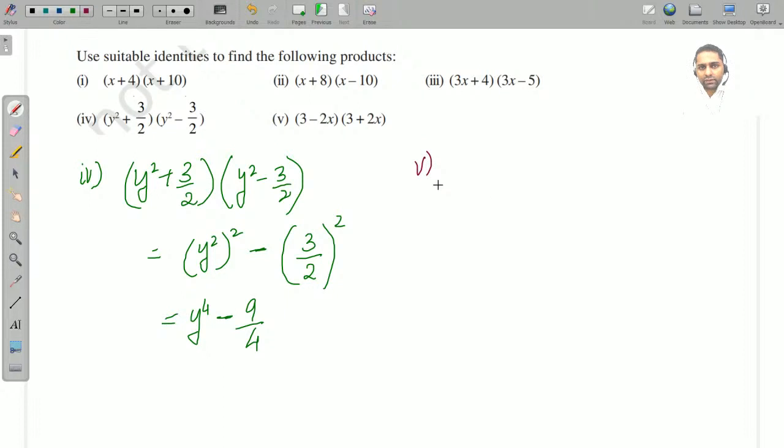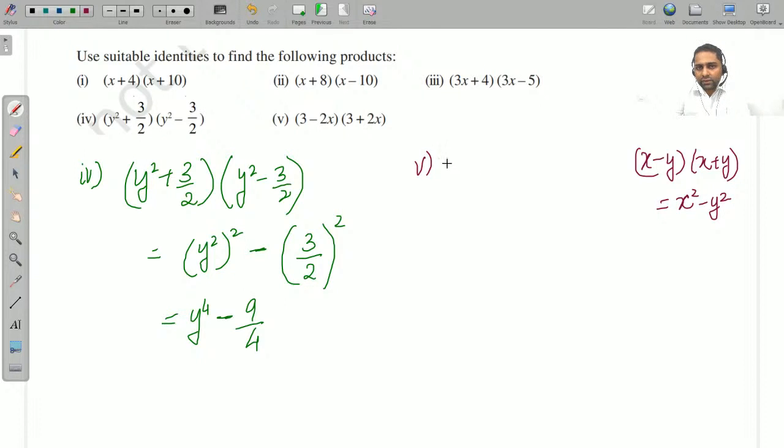In the fifth part as well, we are going to use x minus y times x plus y. Here I'm going to write x minus y times x plus y, that is equal to x square minus y square.